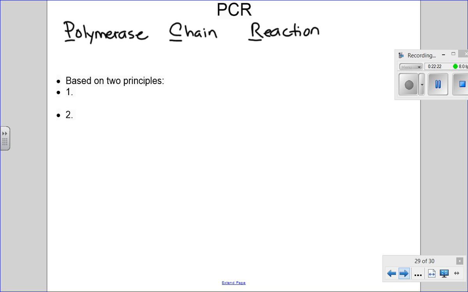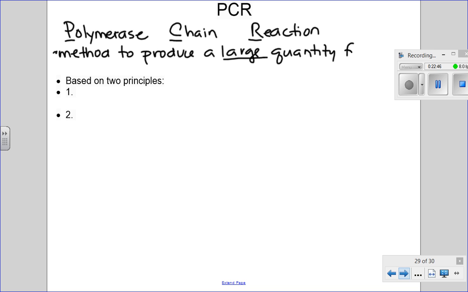And when there is a fragment of DNA that perhaps we would like to make copies of, or perhaps we would like to study more, we can use polymerase chain reaction. It is a method to produce a large quantity from a small sample.